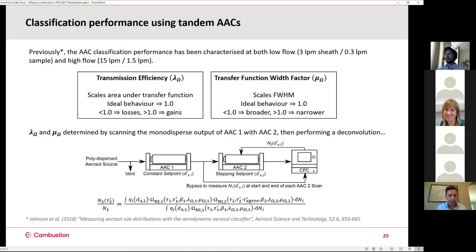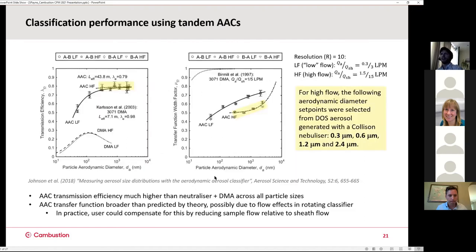From that analysis, this is assessing the transmission efficiency, which scales the area under the transfer function, and the transfer function width factor, which scales the full width at half maximum. They're determined by scanning the monodisperse output of the upstream AAC with the downstream AAC, and then performing a deconvolution. And this was the data that was published at the time.